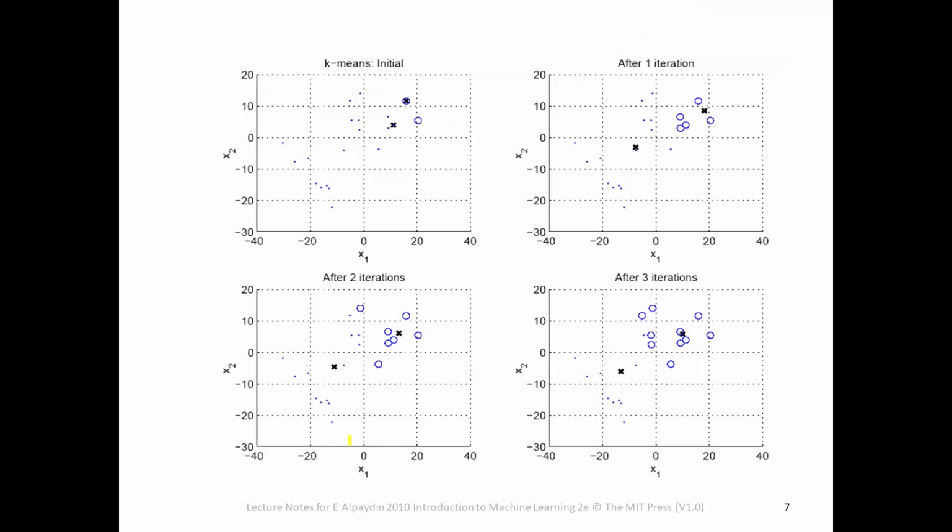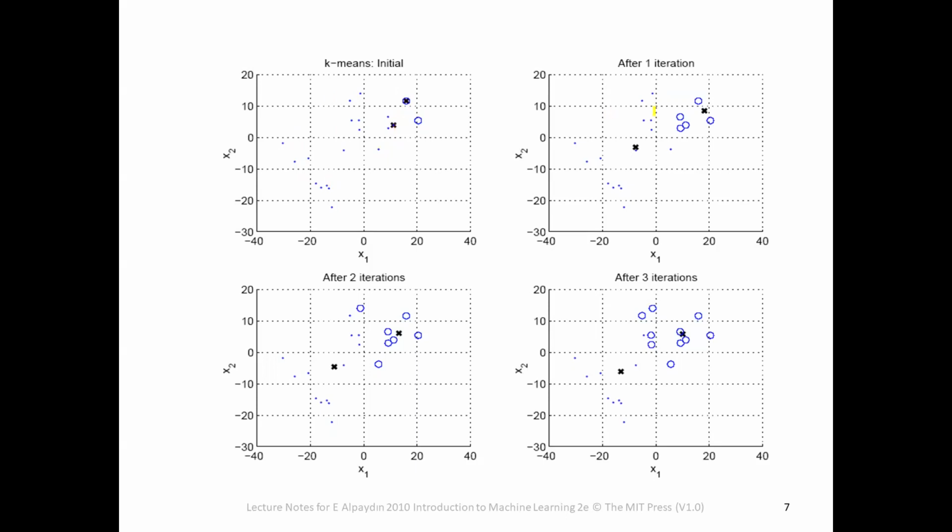Here is an illustration. The means are denoted here by the crosses, and the observations assigned to one of them are marked by circles, and to the second just by points. So these two observations were closest to this representative, and all the rest of the observations have this one as the representative.